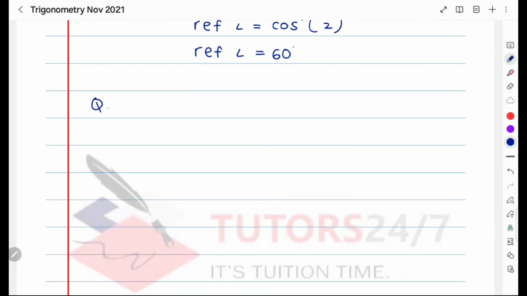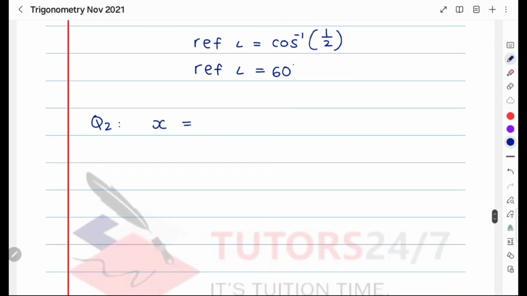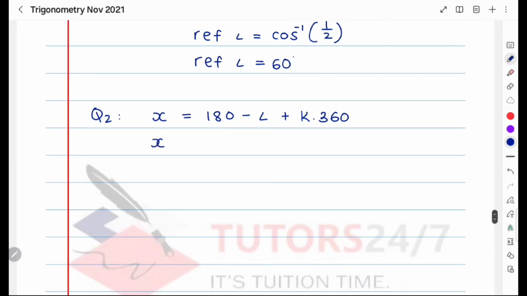So let us start with quadrant 2 first. So you'll state the angle, which is x, is equal to the reduction formula in quadrant 2, which is 180 minus the reference angle plus k times 360. Please take note, the plus k times 360 is not part of your reduction formula. Only this part here is the reduction formula. Now, we're going to substitute.